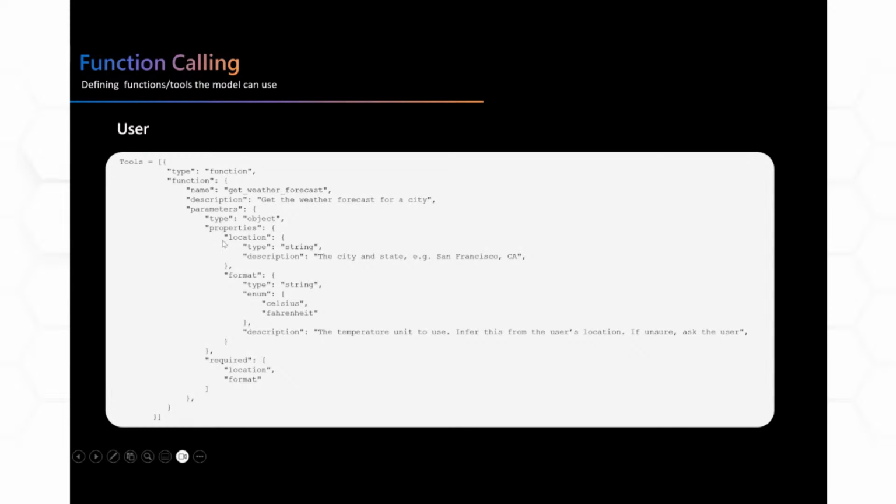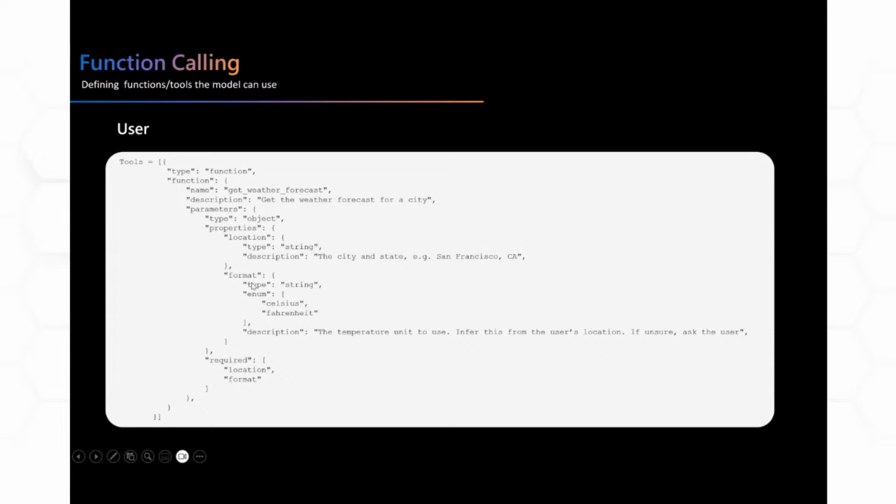Then we give it the properties that it needs for this function, so location and format, and we tell it the type of property. So in this case, location would be a string, and we also give it a description for the property so that it knows if it has the property as an entity or if it needs to fetch it from the user. So here we're telling it the city and the state, giving an example of San Francisco.